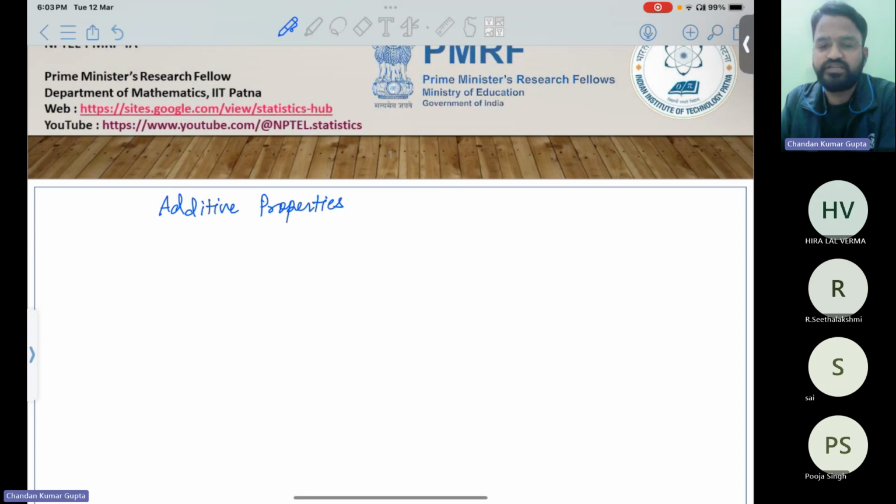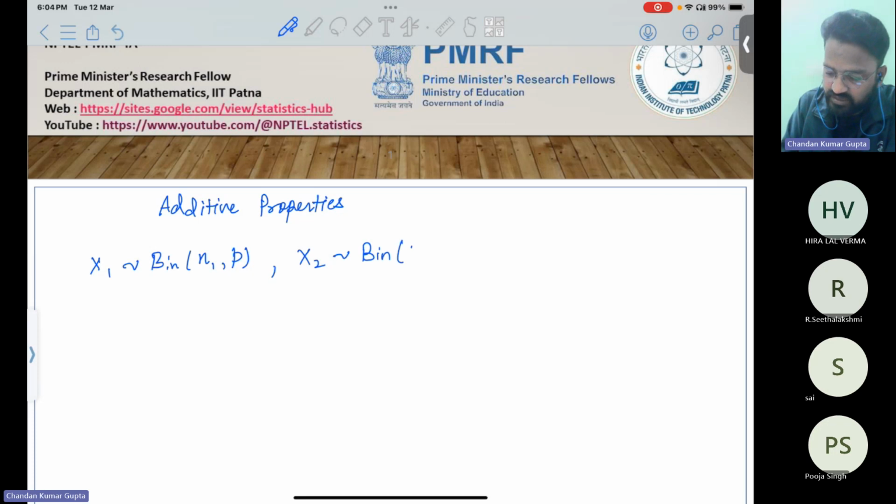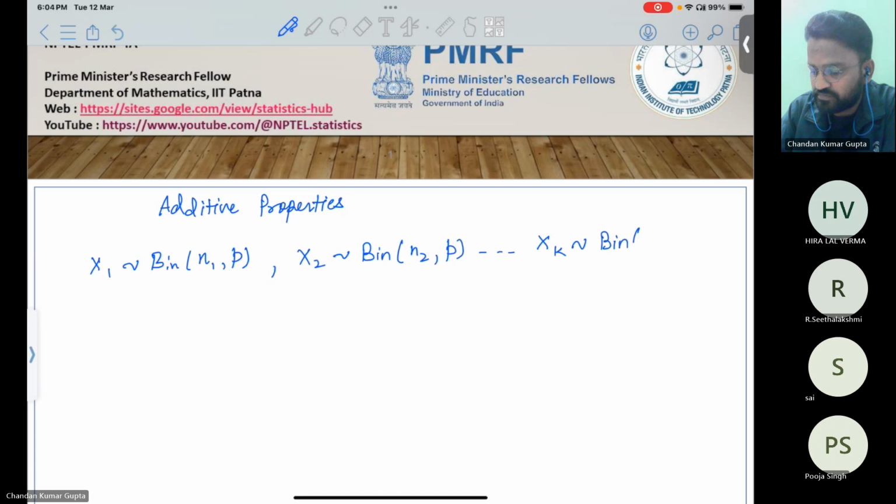Okay, additive property, that means we have different kinds of distributions. For example, suppose X1 follows binomial(n1, p), X2 follows binomial(n2, p), and similarly Xk follows binomial(nk, p).